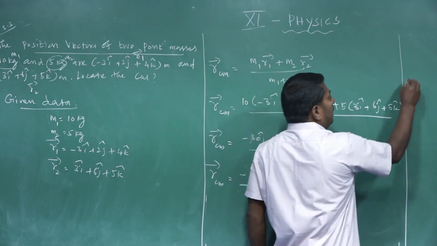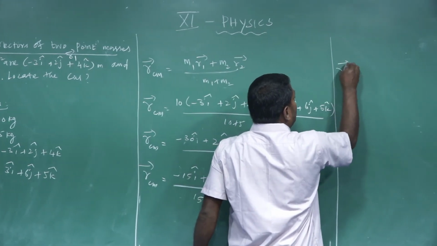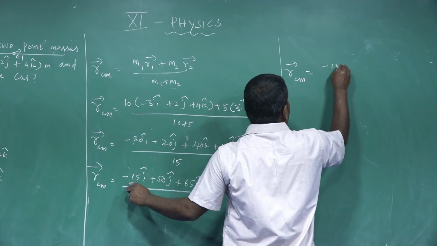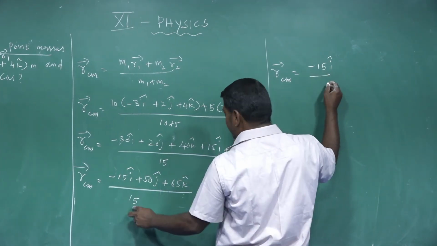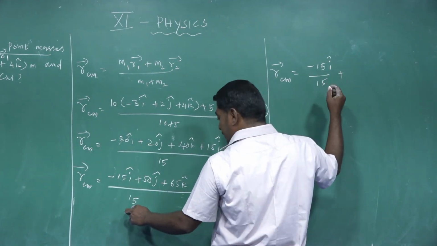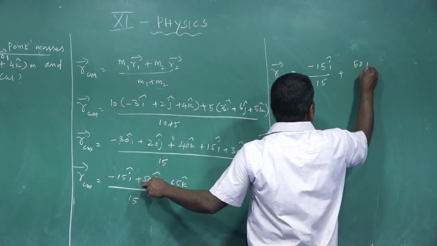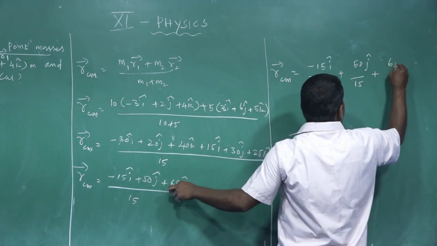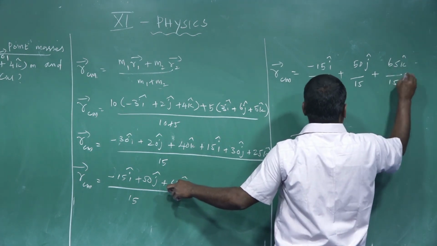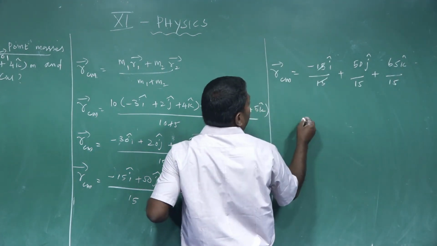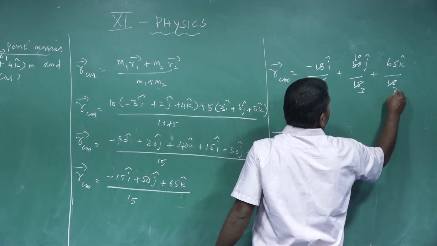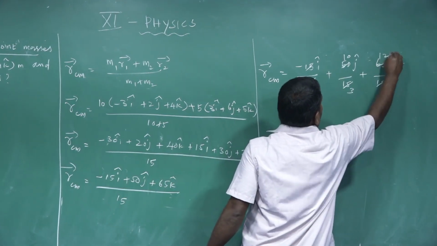Then position of center of mass point RCM vector, which is equal to minus 15 i cap divided by 15 plus 50 j cap divided by 15 plus 65 k cap divided by 15.